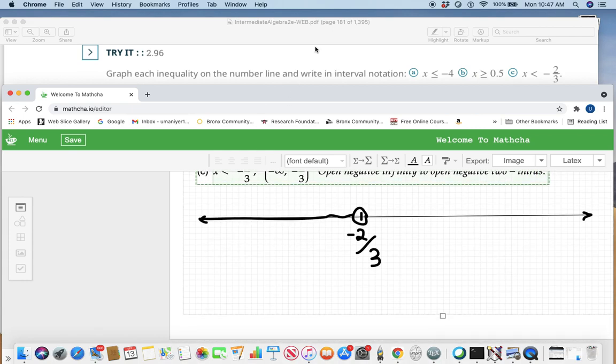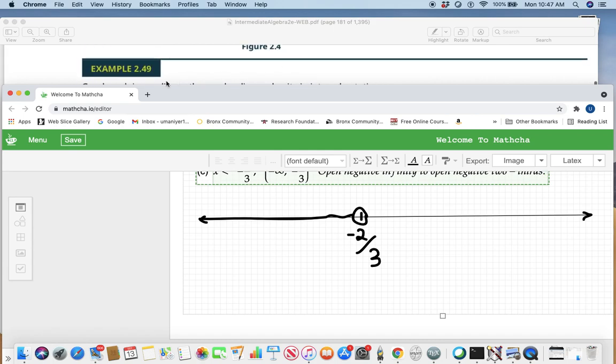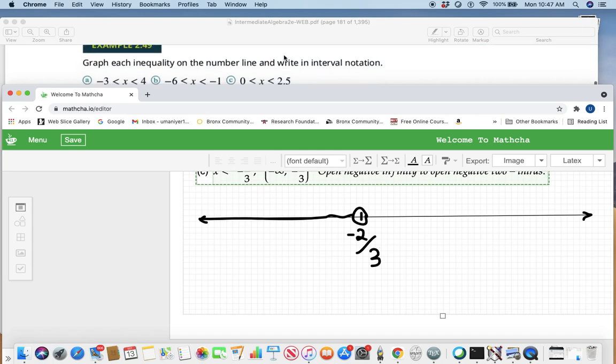All right, let's try some more exercises. So example 2.49.